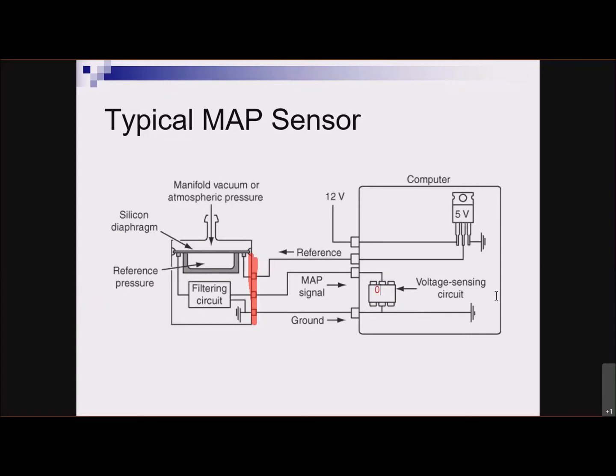It's going to be 0 volts. There's no way I'm going to read 5 volts back. If I still read something with that sensor unplugged, then I've got some sort of a connection between these 2 wires, a short. That wouldn't be good.